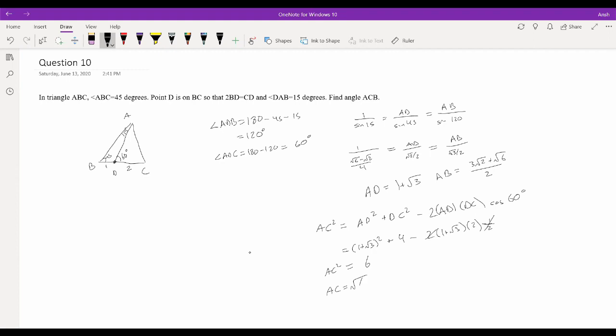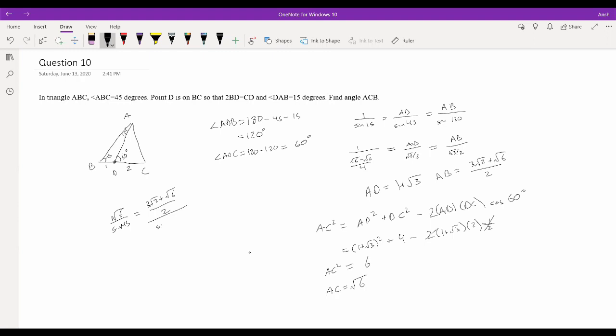So now we can yet again apply the law of sines, but this time to the larger triangle ABC. We get that root 6 over sine 45 is equal to 3 root 2 plus root 6 over 2, which is what we got AB to be, over sine ACB.